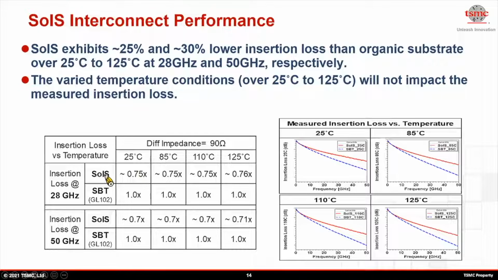SoIS shows 25% to 30% lower insertion loss comparing with conventional substrate over a wide temperature range from 25 to 125 degrees C at 28 gigahertz and also 50 gigahertz respectively.